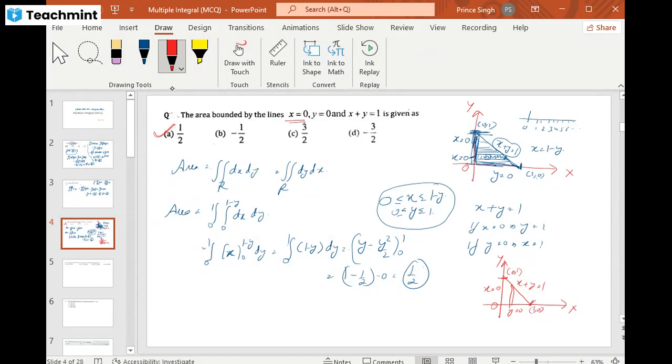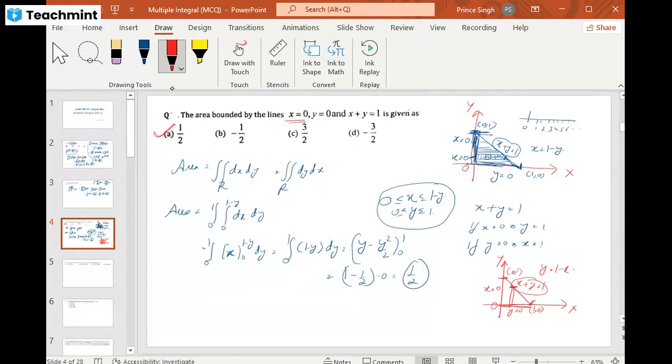If we move vertically, the value of y varies from curve to curve. It starts from this line, y equal to 0, and ends at this point. This point lies on the line x plus y equal to 1. So what is the value of y along this curve? This is 1 minus x.